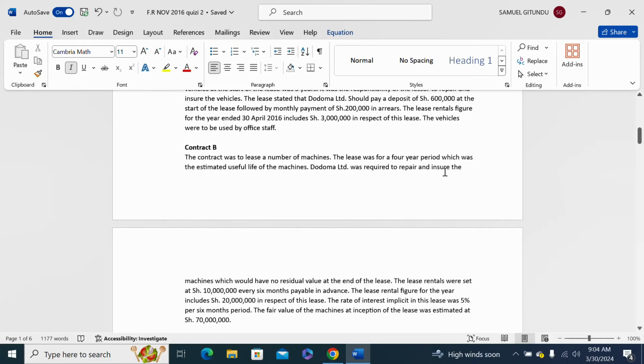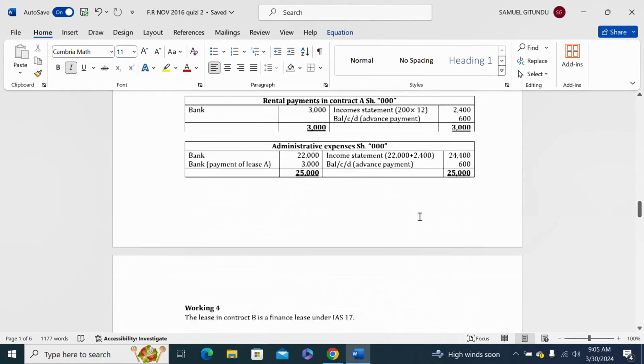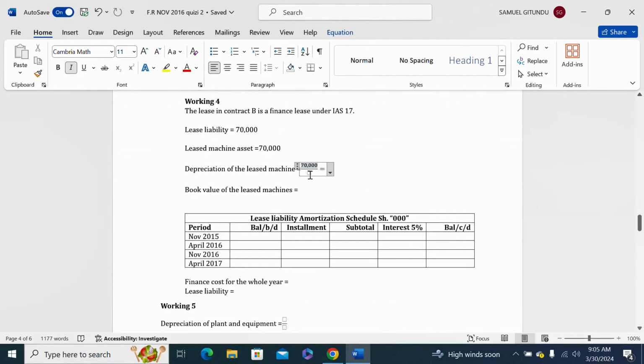Remember, if you are given the lease period and the useful life of the machine, you calculate your depreciation on the lower of either the lease period or the useful life of the machine. But in this case, the lease period and the useful life of the machine are equal. It is 4 years. So we divide by 4 years.